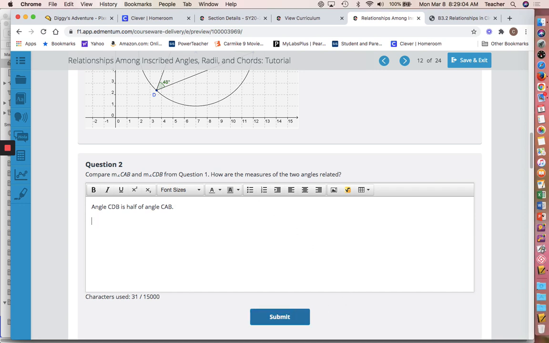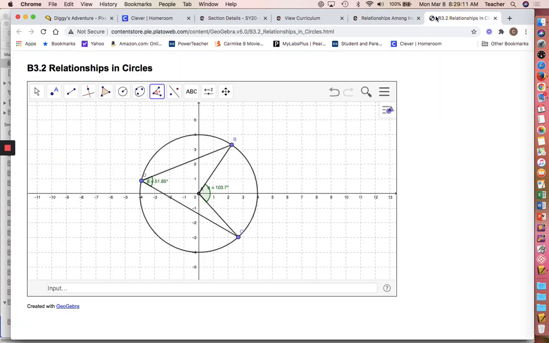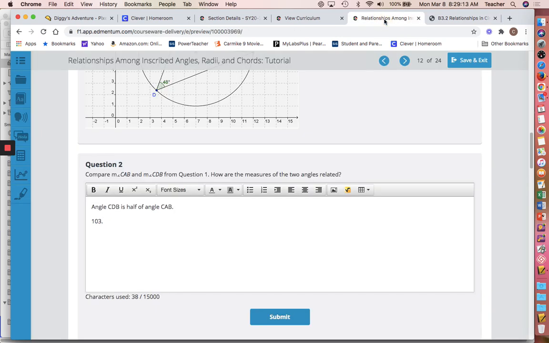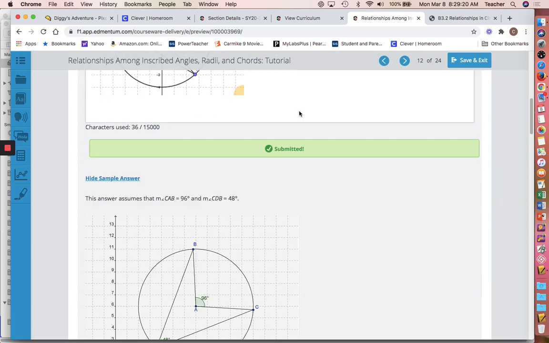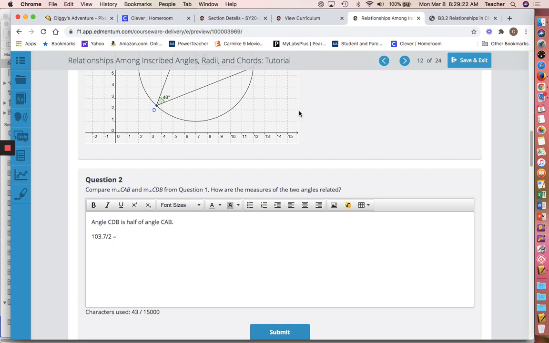Let me put it because 103.7 divided by 2 is going to be my, what was it, 51.85. 51.85 equals 51.85.